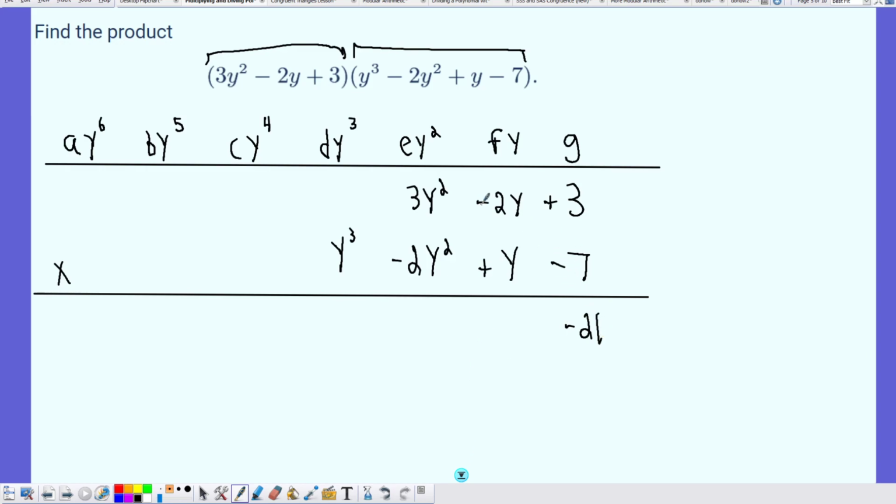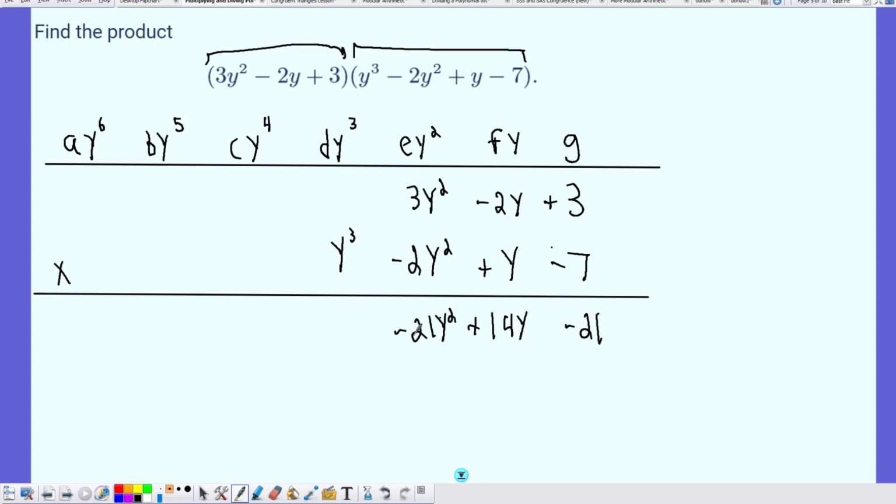Then I have negative 7 times negative 2y. So that becomes positive 14y, which would go in the regular y column. From there, negative 7 times 3y squared is negative 21y squared. And that's it for multiplying by negative 7.